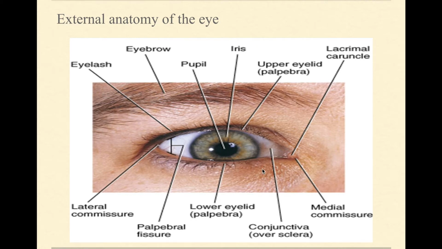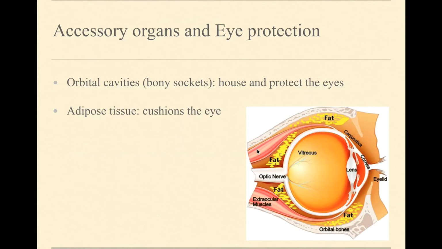We have the lacrimal caruncle, which is this small pink nodule which is made of skin carrying sebaceous glands. And we have the conjunctiva, which covers the sclera.